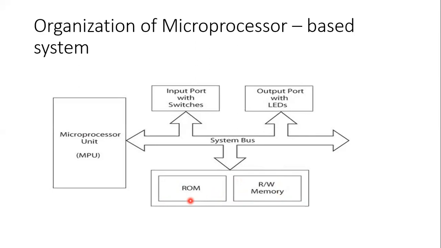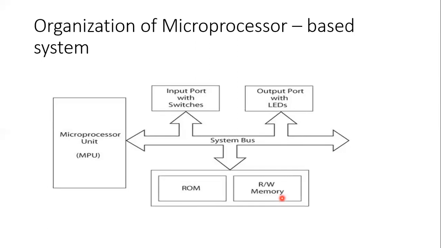Then the read-write memory. This is also known as the user memory. It is used to store the user program and the data. In a single board microcomputer, the monitor program monitors the hexadecimal keys and stores those instructions and data in the read-write memory. The information stored in this memory can easily be read and altered. And also this is called the non-volatile and volatile memory.